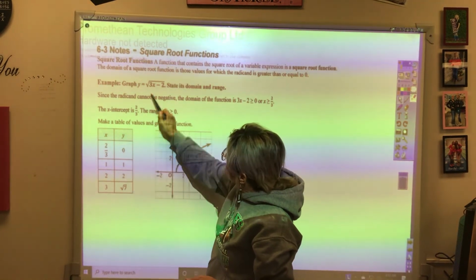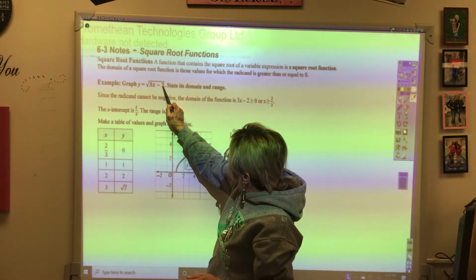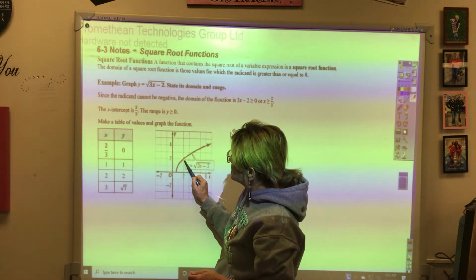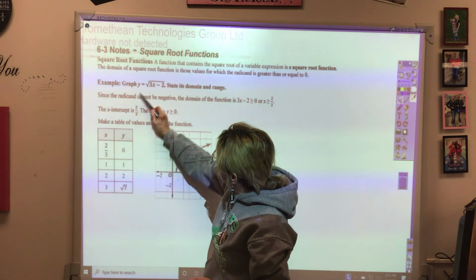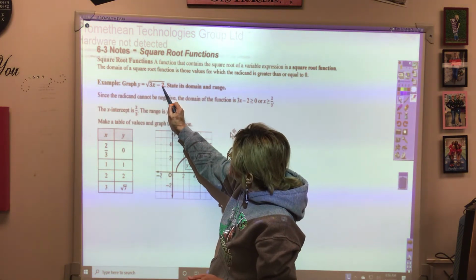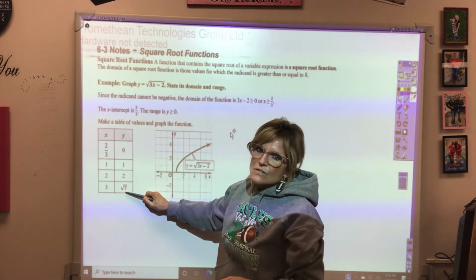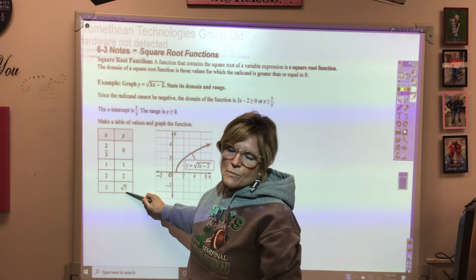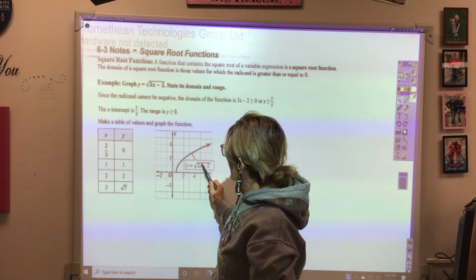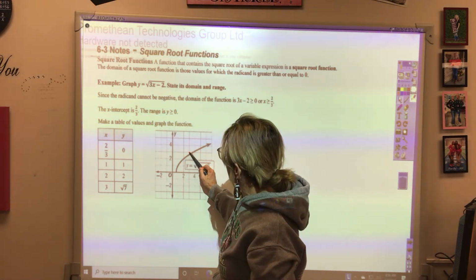If you plugged in a 2, that would give you 6 minus 2 is 4, square root of 4 is 2. So we'd have a point at 2, 2. When you plug in a 3, 3 times 3 is 9, minus 2 is 7, so the y value is the square root of 7. You'd have to find the decimal approximation to figure out where it goes on the graph, but you can see it's somewhere between 2 and 3, closer to 3.